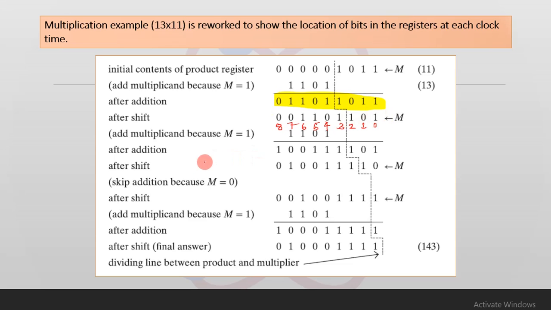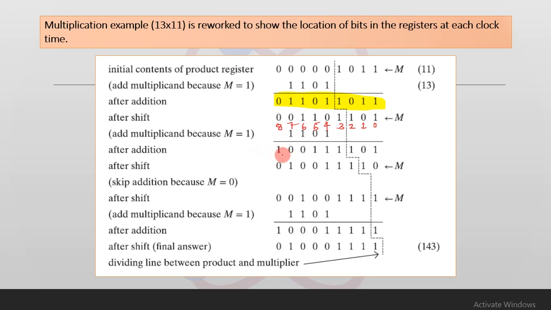Now you are going to add the multiplicand with the shifted value of the accumulator. So on addition, you get a new result that will be retained in the accumulator. The addition operation has to occur whenever the value of m is equal to 1, and you are going to perform a shift after that.